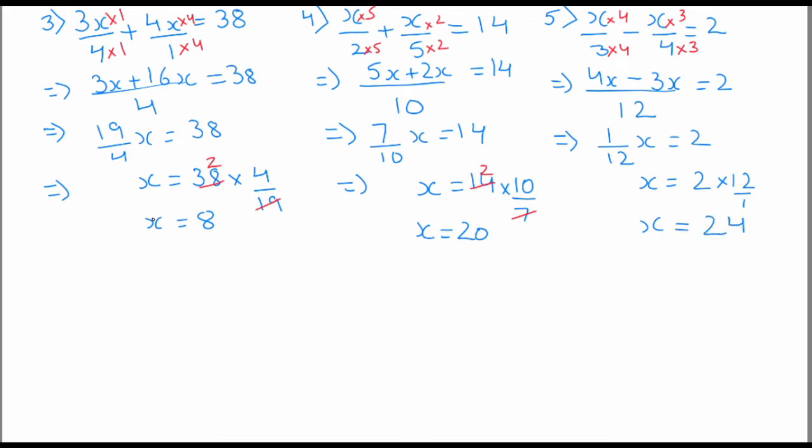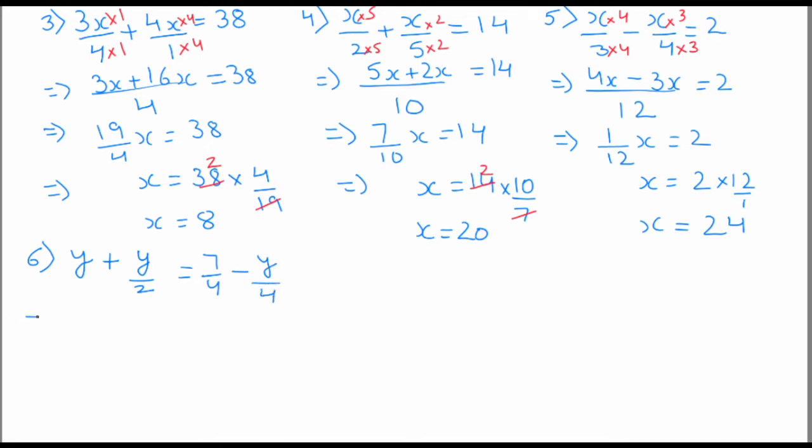Now we came to the sixth sum. Sixth is y plus y over 2 equals 7 by 4 minus y over 4.